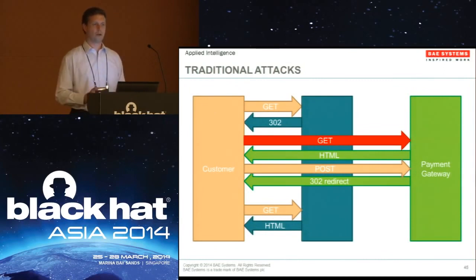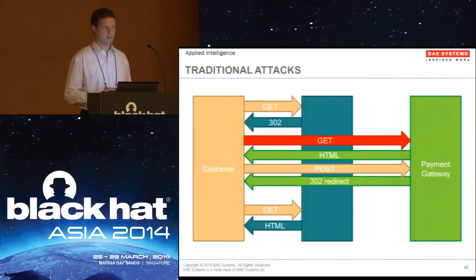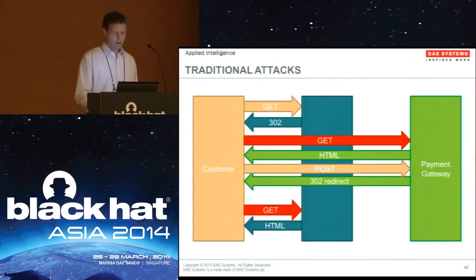You change that to $1, and then you complete the payment, and hopefully the website on the other end doesn't validate that the payment amount matches. It just goes, yep, status is paid, here's a receipt number, and it ships you a new iPad or a laptop, whatever.